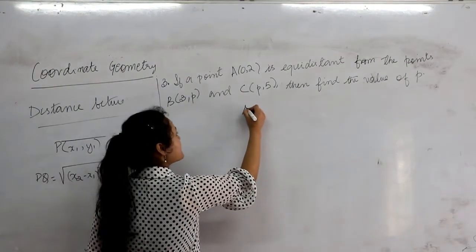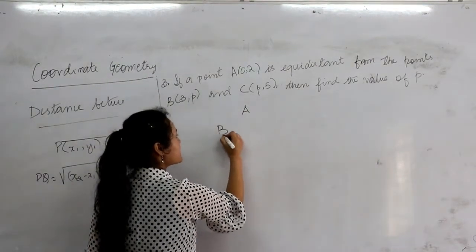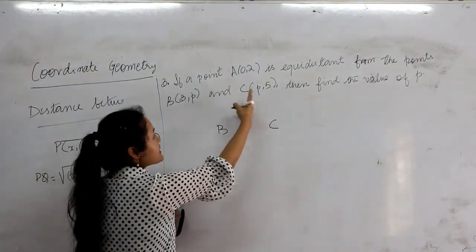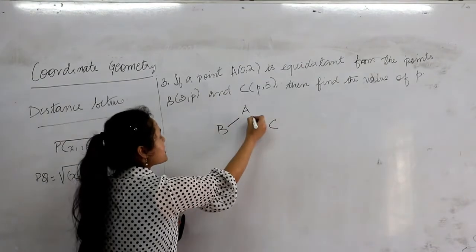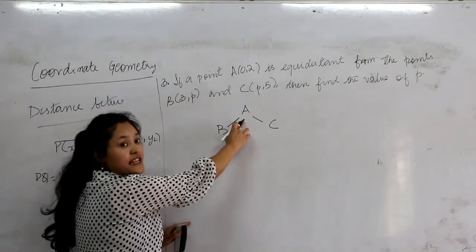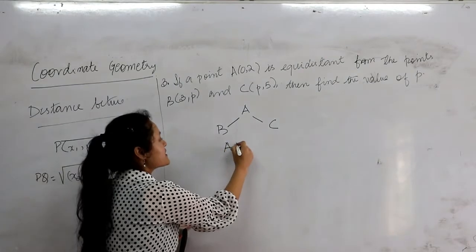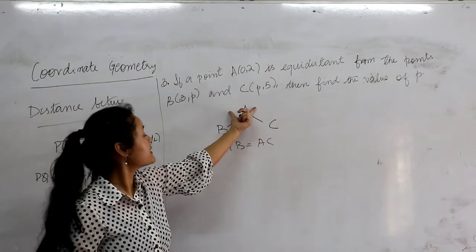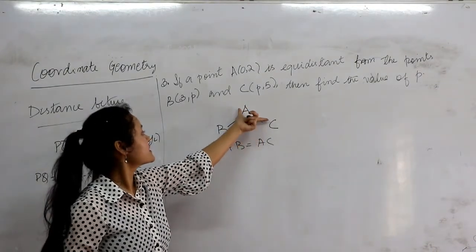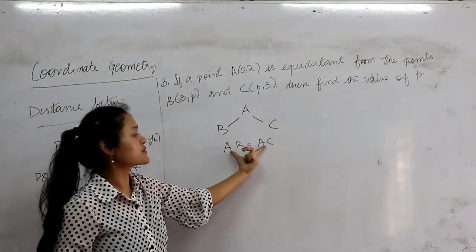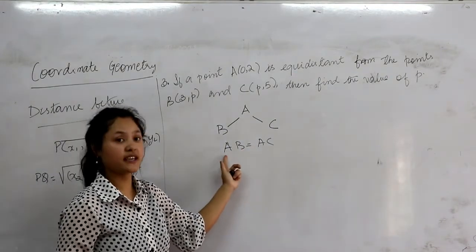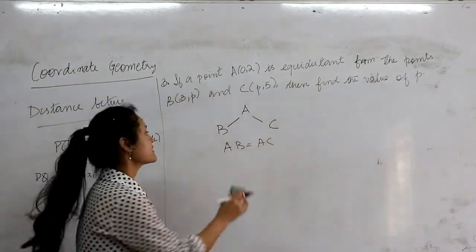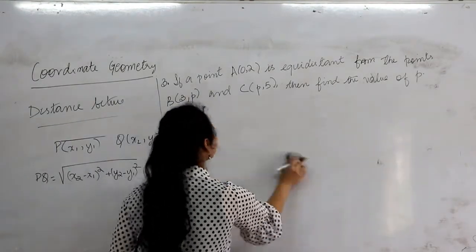Suppose this is the point A and this is the point B and this is C. If this point is equidistant from these 2 points, it means that the distance AB is equal to the distance AC. Okay. So keep in mind that one.